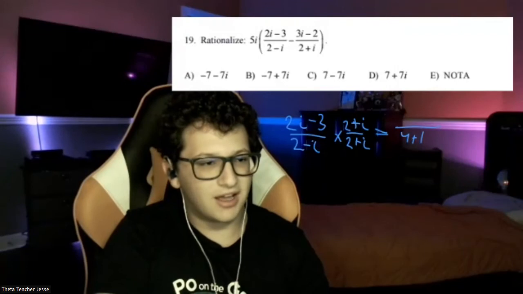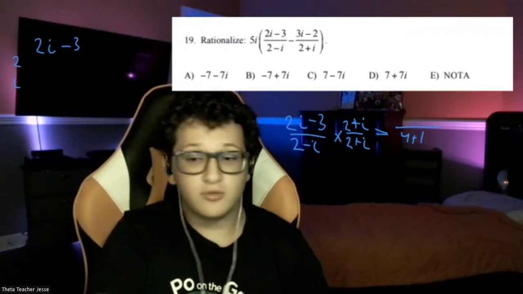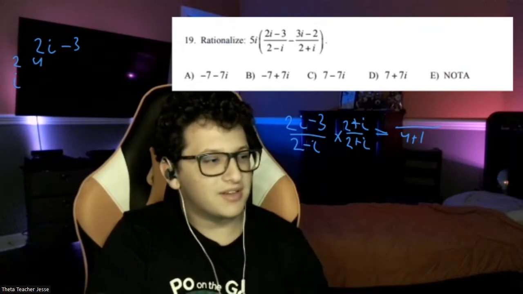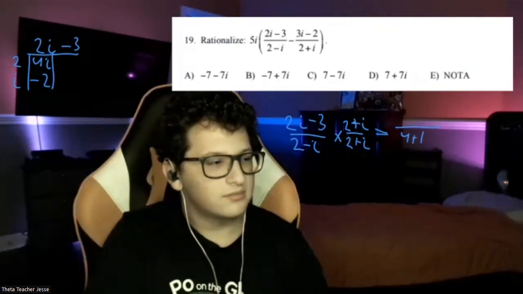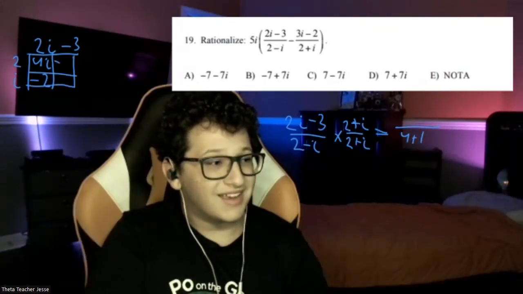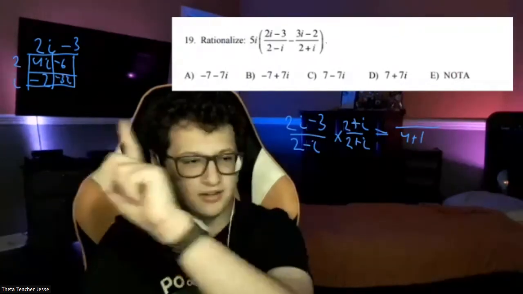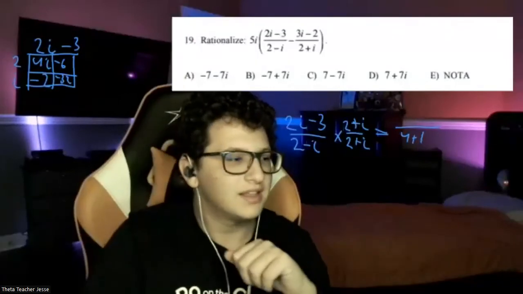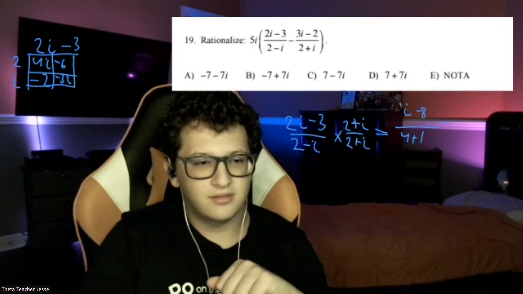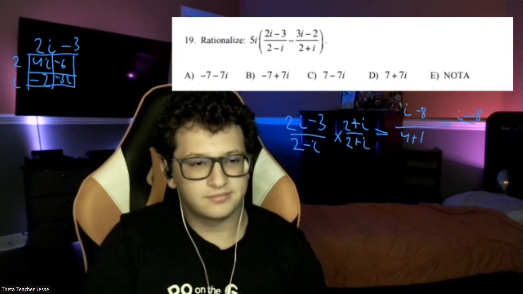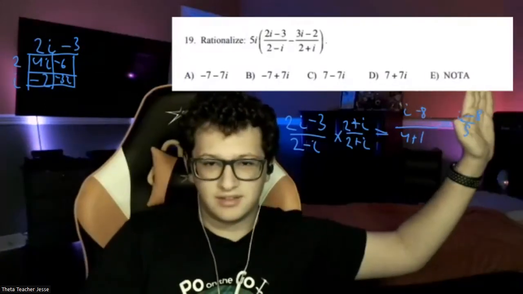Then if we multiply the top, 2i minus 3 times 2 plus i, that would give us 4i, negative 2, negative 6, and negative 3i. So this is the same as i minus 8 over 5. It's a little hard to see, but that's what it says.